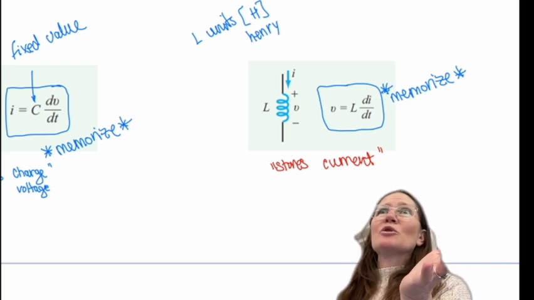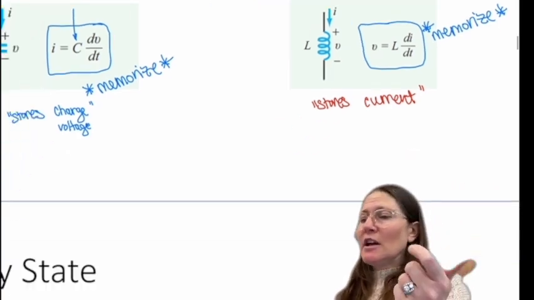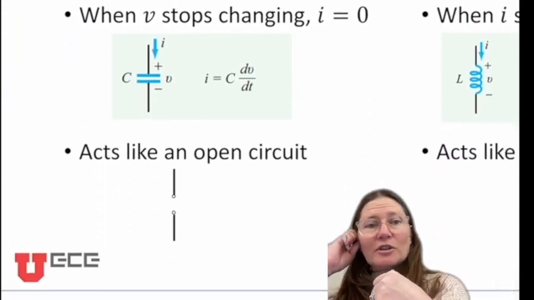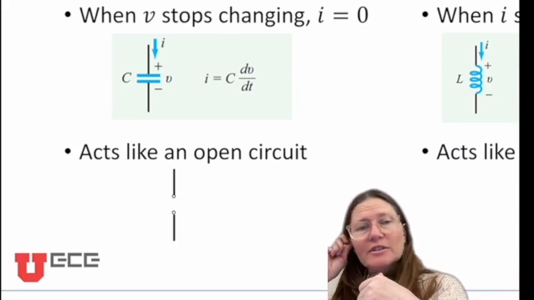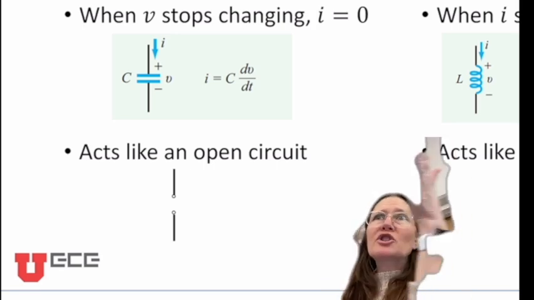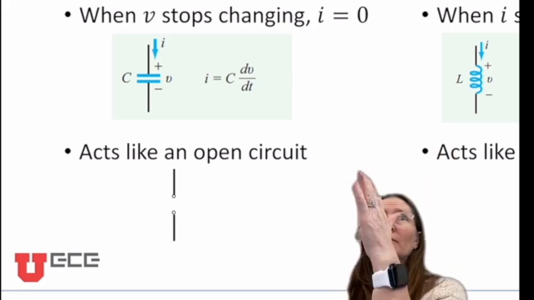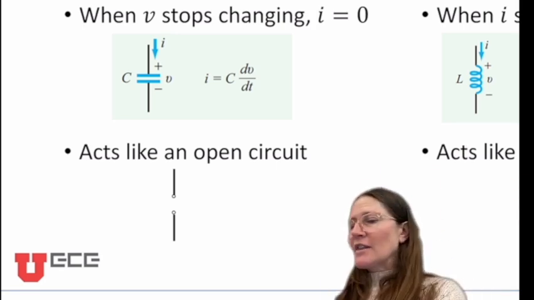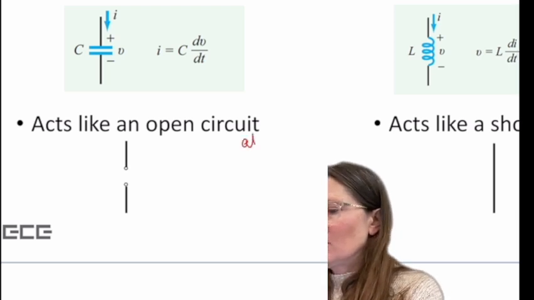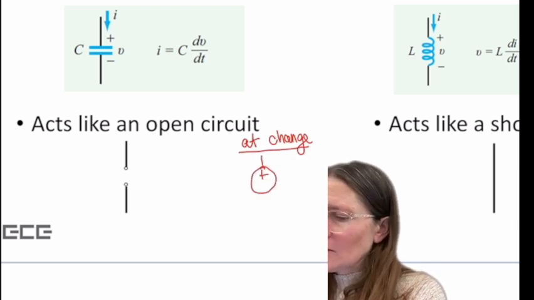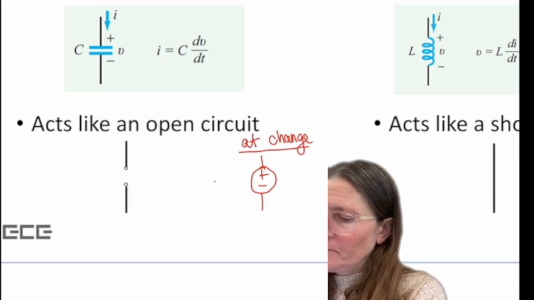Those two things make the circuit really easy, and all we have to do is replace the capacitor, whenever it sat there for a long time, with an open circuit. So right before a change, it's going to be open because it sat there for a long time. Right at the change, it's going to act like a voltage source.